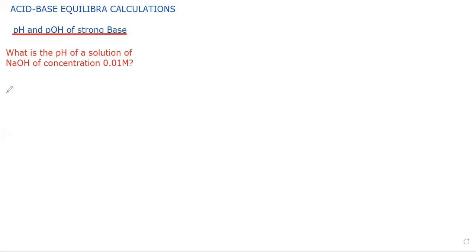So if we want to find pOH, that would be negative log the concentration of the hydroxide ions. Now we know the pH scale stops at 14.